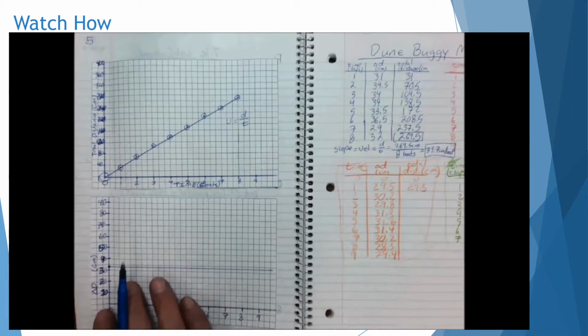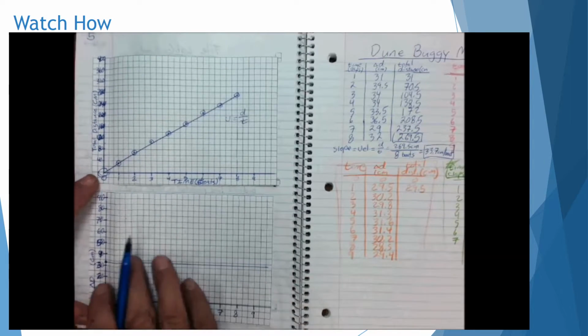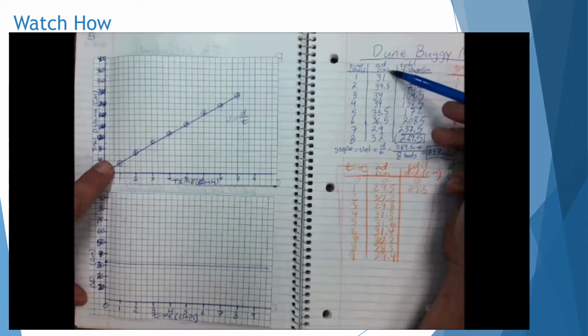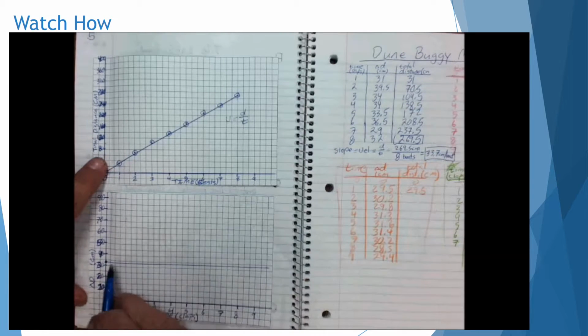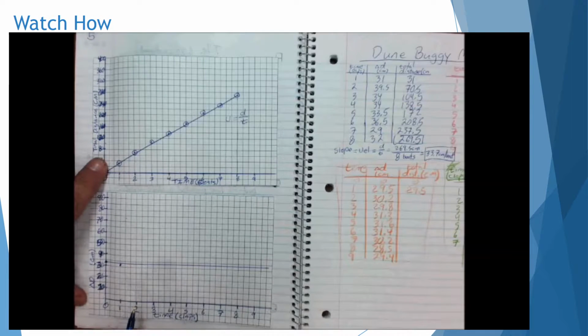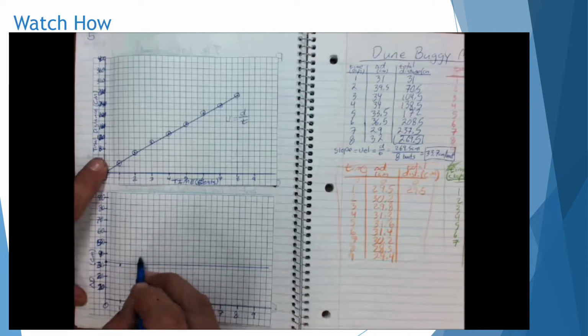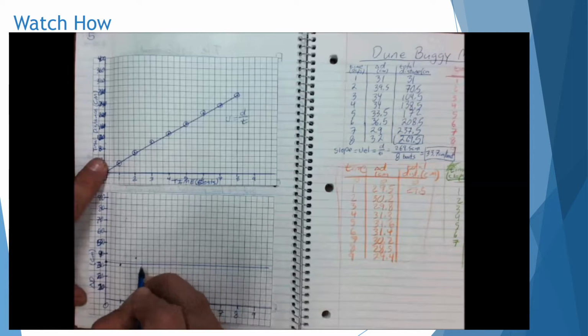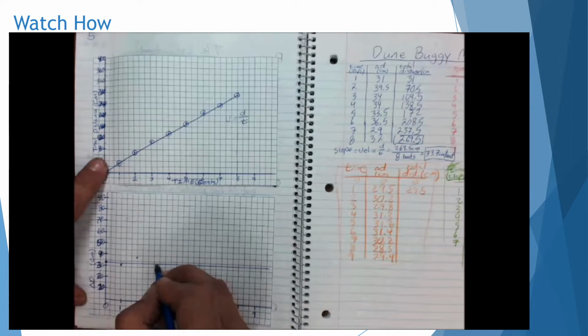I'm going to then plot this data, but I'm going to plot instead these data points here. My first data point is 31. It's down here underneath the line. My second point is 39.5, so it's considerably above the line. Then I have 34, which is just a little above 33.